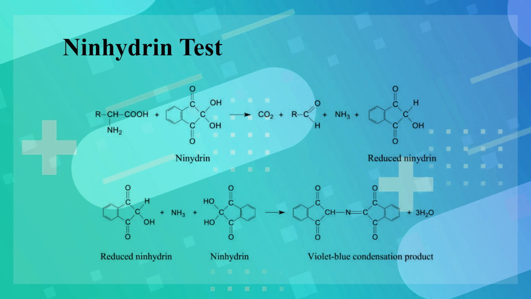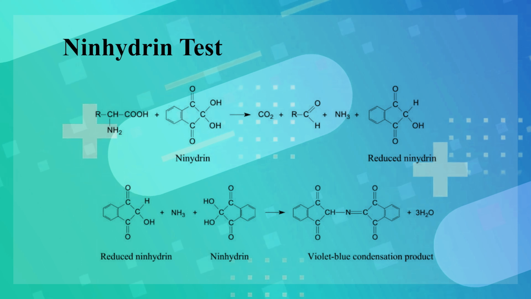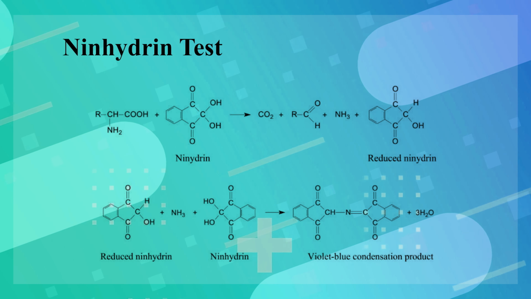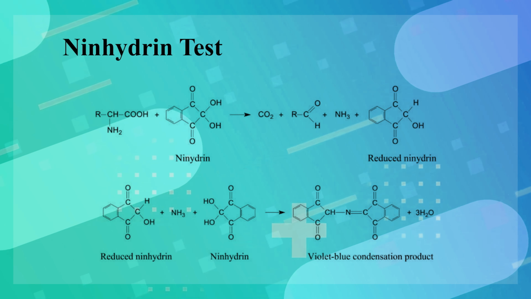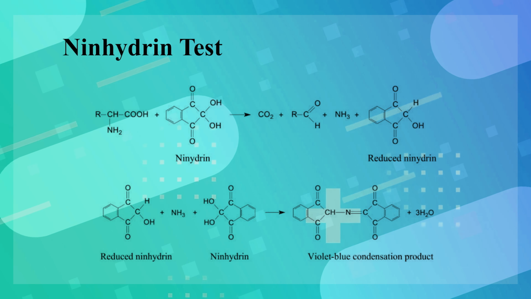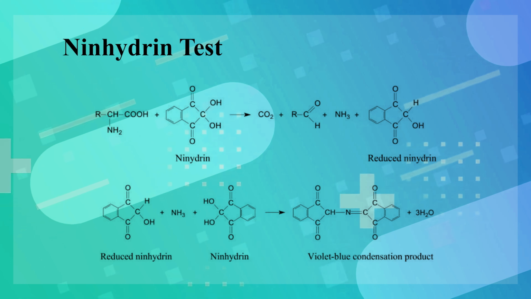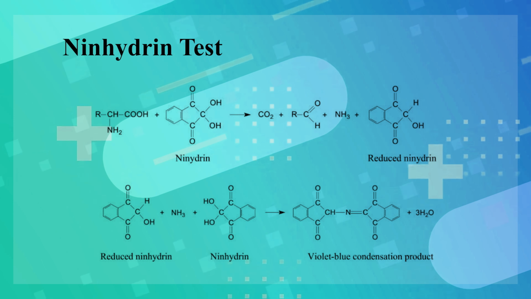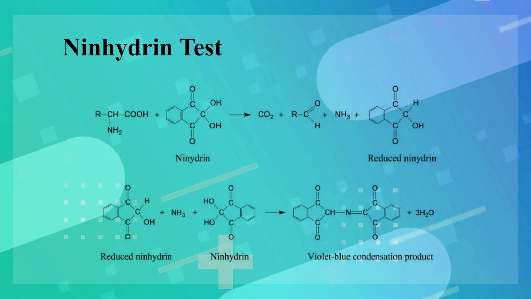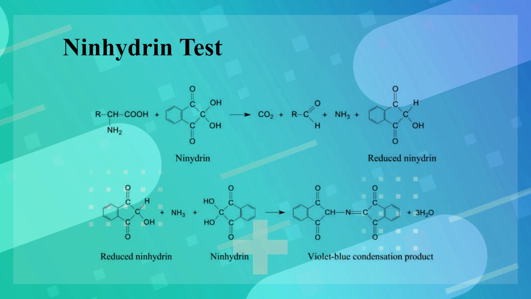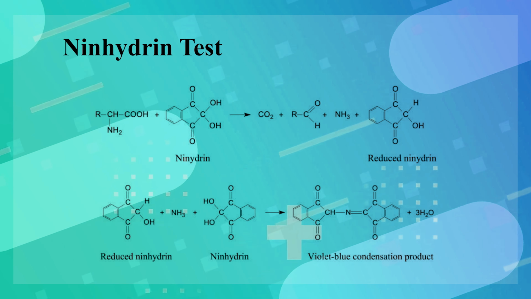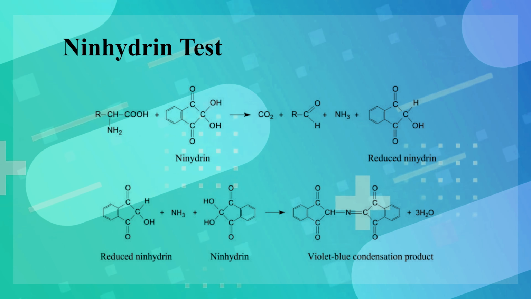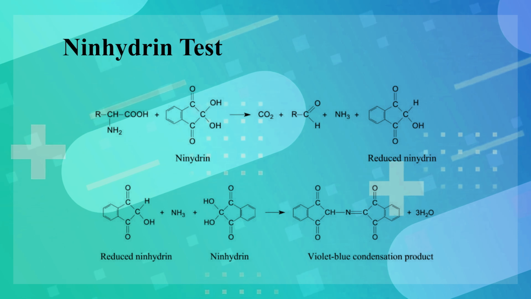Ninhydrin test. This test is for detection of primary and secondary amines or amino acids. Here, a ninhydrin molecule initially reacts with a free amino acid by deamination and decarboxylation of the amino acid at an elevated temperature to produce reduced ninhydrin, and the reduced ninhydrin will react with the second molecule of ninhydrin to produce a blue colored or a violet blue condensation product known as Ruhemann's purple.